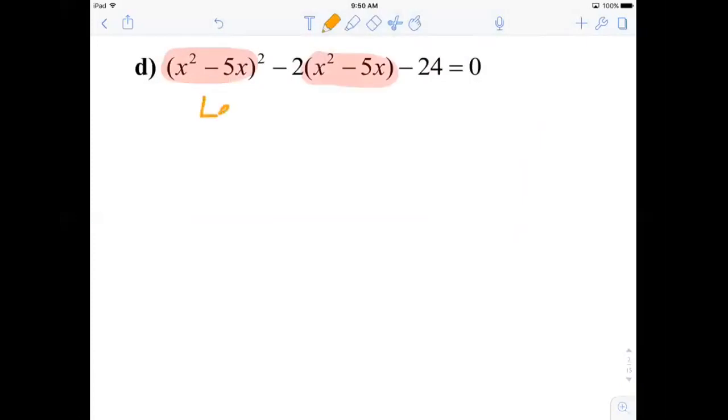So I'm going to create a brand new variable. Doesn't matter what letter you give it, but I'm going to call it y. And I'm going to let y represent x squared minus 5x. So that for the first couple steps, I can think about trying to factor this just based on y, and then substitute back in to replace y with what it originally was equal to.